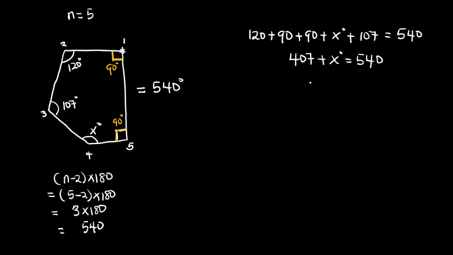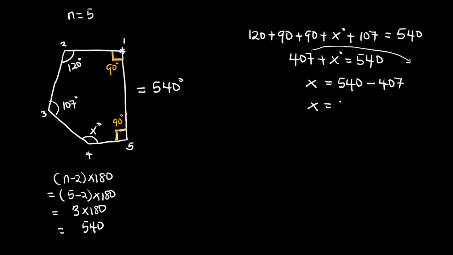So to find the value of x, I move the 407 to the other side of the equal to sign. So I will have 540 over here. I will still maintain this value, and then I send the 407 over here to this side, so it becomes negative 407. So the value of x over here will now be equal to 540 minus 407.